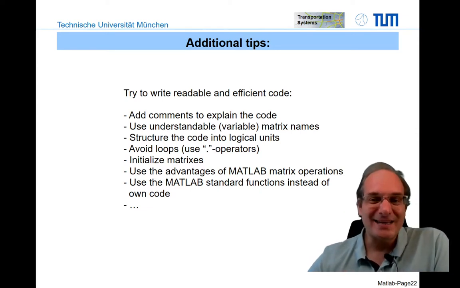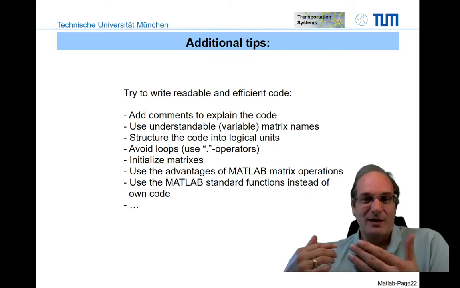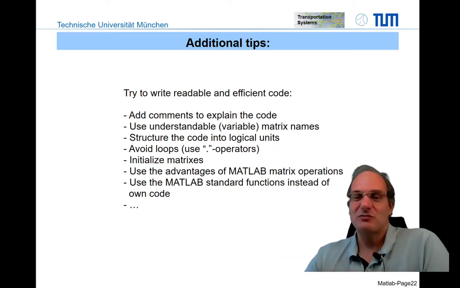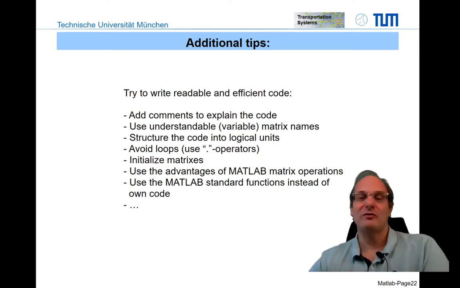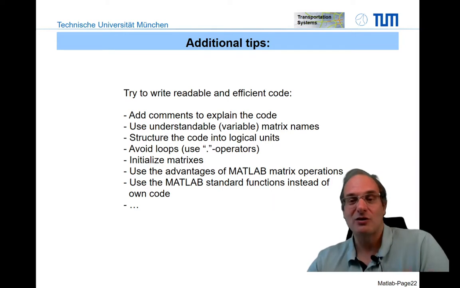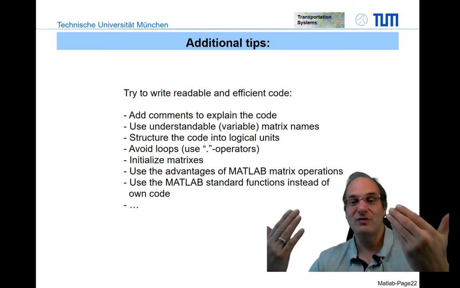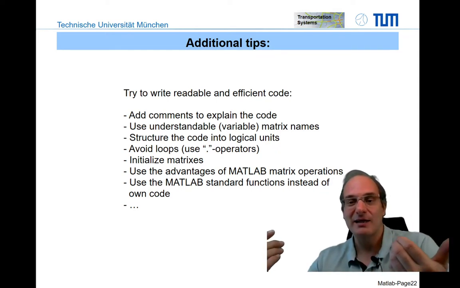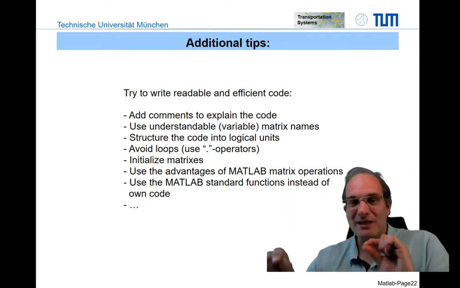Write understandable matrix names or vector names. It's fast if you just write A equals something, but it's much better if you directly write this is a matrix containing speed values. So the matrix should have the name speed and maybe underline kilometers per hour, so that you directly see the unit and the name.